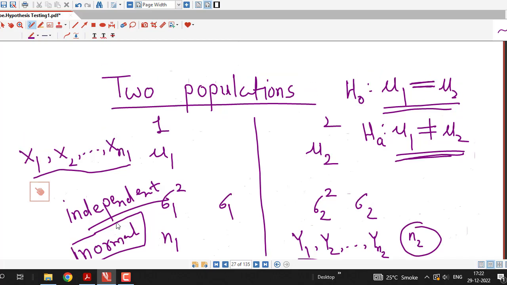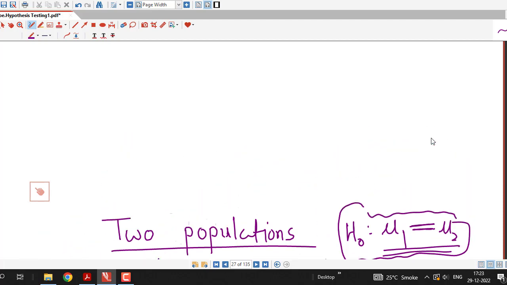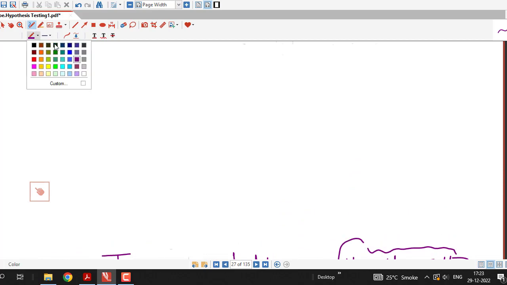So under these assumptions, we want to test this null hypothesis mu1 equal to mu2. What will be the corresponding test statistic for this?